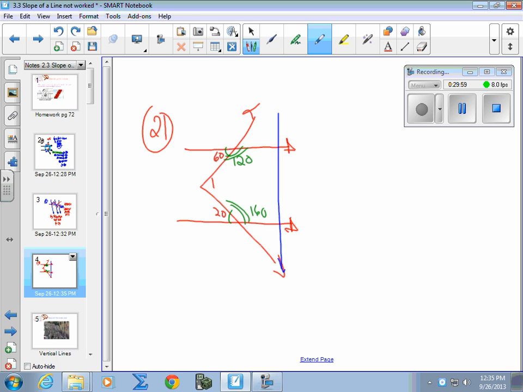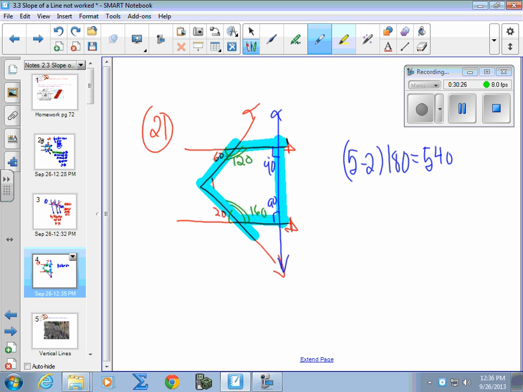So Abby, what would this angle be? About a 90. How many sides are there? There's 1, 2, 3, 4, 5. It has 5 sides, so you could say 5 minus 2 times 180, and you're back to 540.